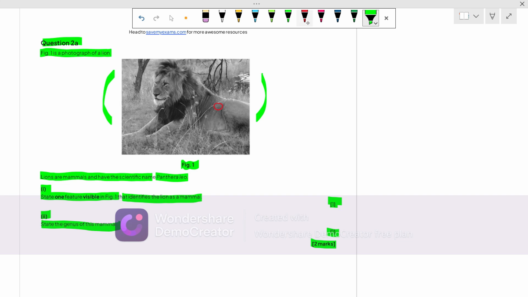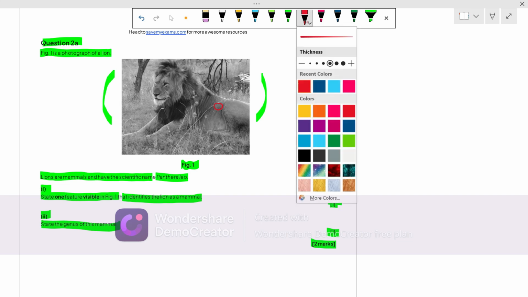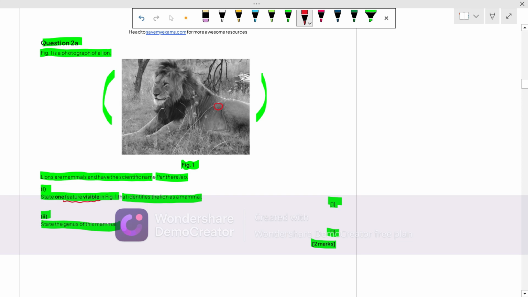So let's solve the first question. They're asking us for one visible feature. Now, mammals have many features. According to our syllabus, they have features such as pinnae, which are large external ears. They have mammary glands, but they said visible feature. In this picture, we cannot see pinnae, nor can we see any mammary glands.